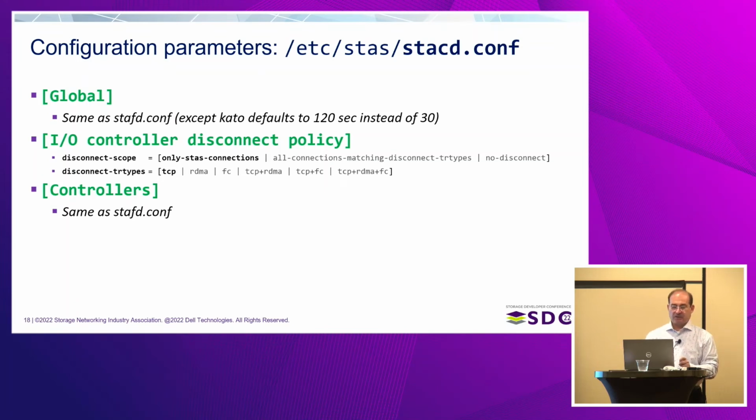And the transport over which this disconnect is acted on is TCP by default, but basically all transports can be monitored in the same way. So that's the fundamental point that shows how the stackd daemon is able to react to fabric zoning configuration changes.